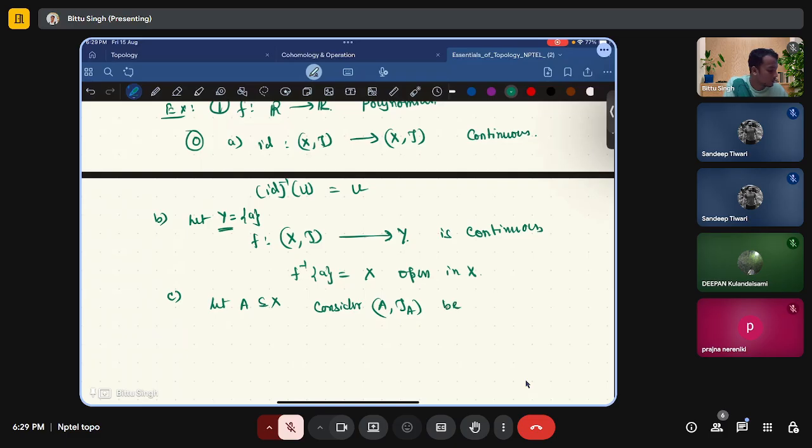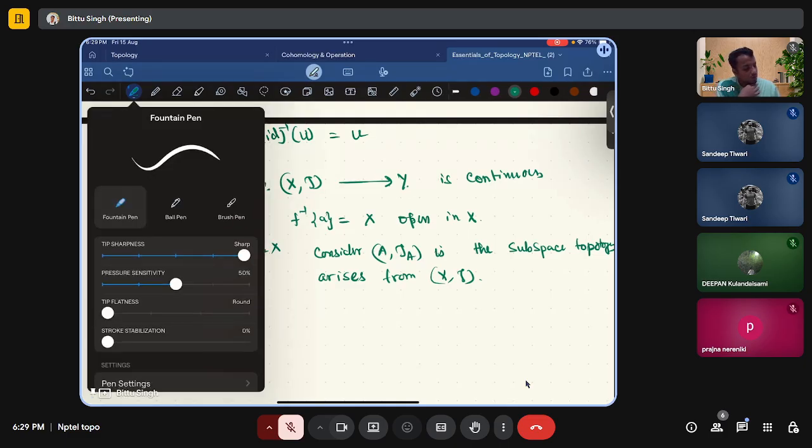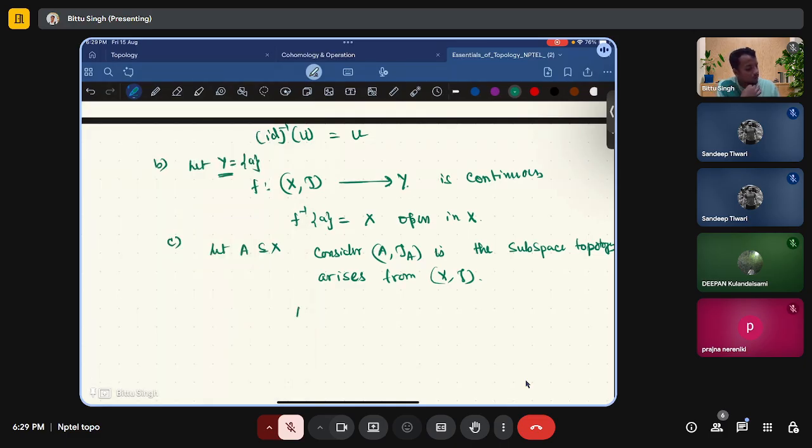Let tau_A be the subspace topology arising from (X, tau). Then consider the inclusion map f.